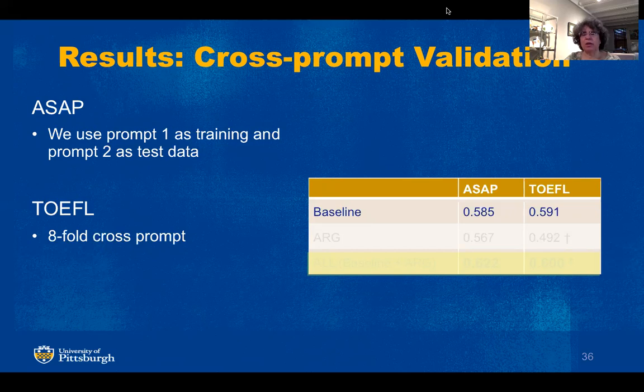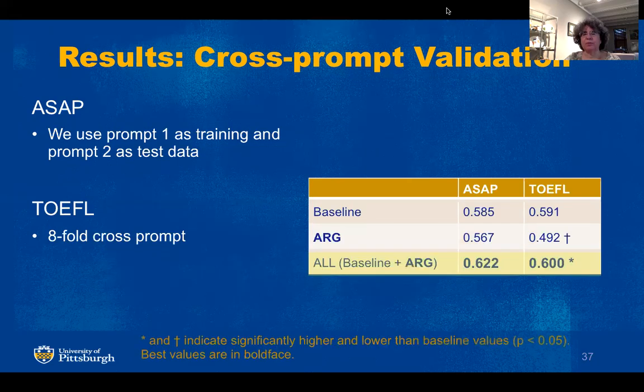And so we thought that discourse features would be more likely to generalize when lexical cues are not as useful. And we see the same findings here, that only using argumentation features in isolation generally degrades performance, but when added to the baseline features, it can improve performance.